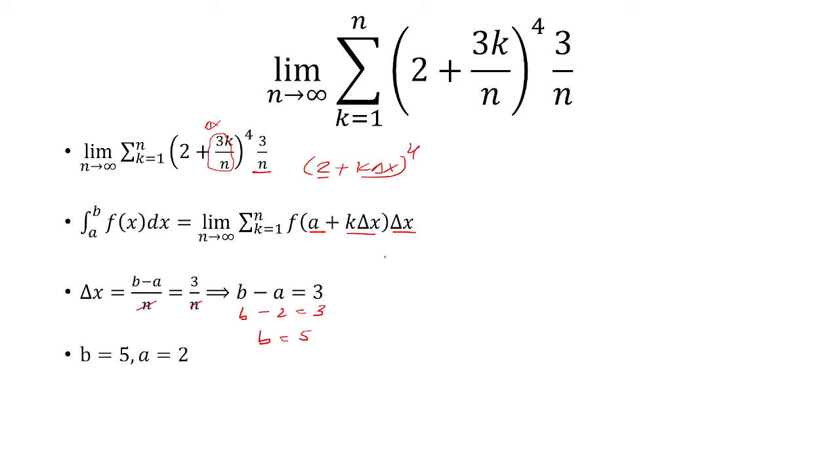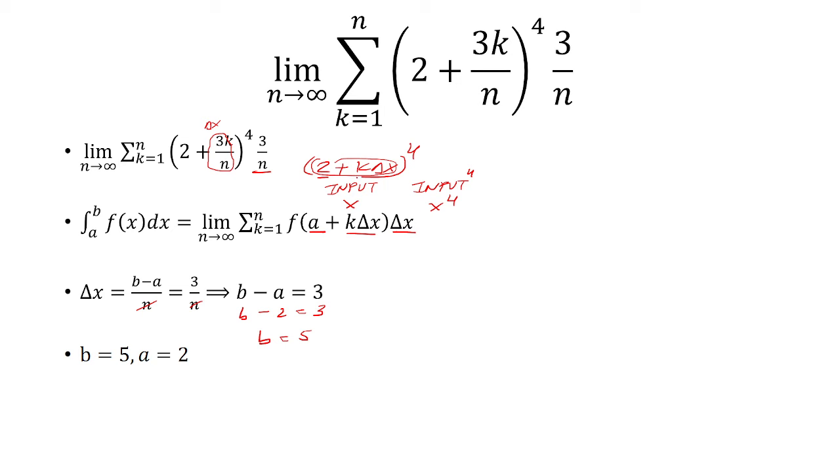Now clearly the function has to be x to the 4th. So I'm inputting this, so this is my whole input. And what I'm doing is I'm taking my input and raising it to the 4th power. So if I put x in there, I'm going to get x to the 4th power.